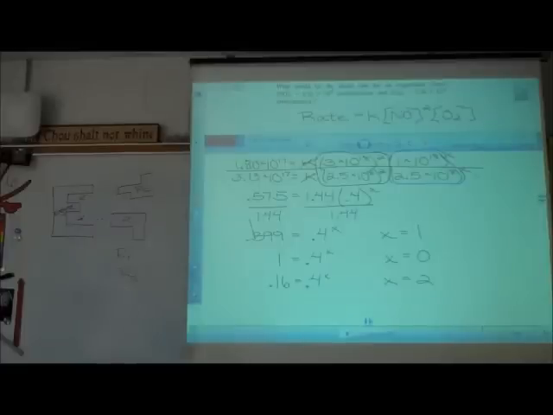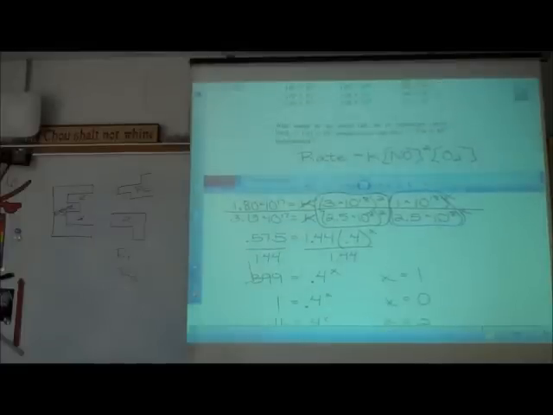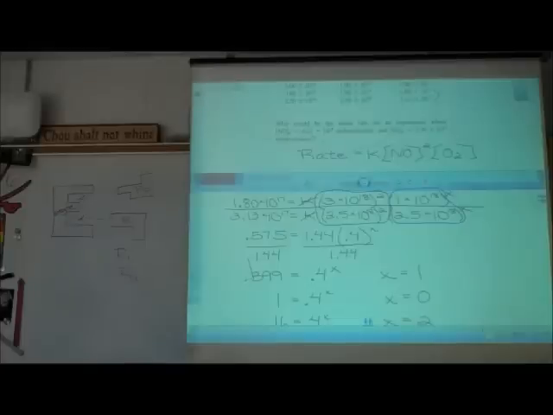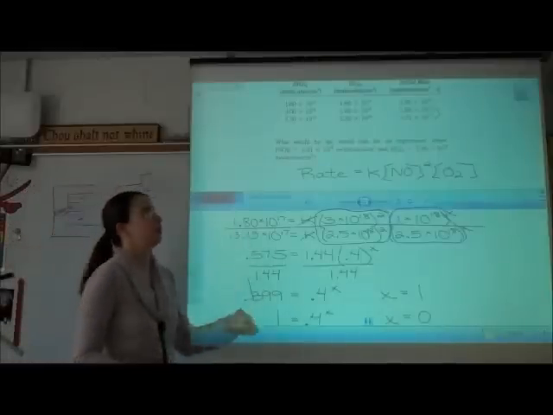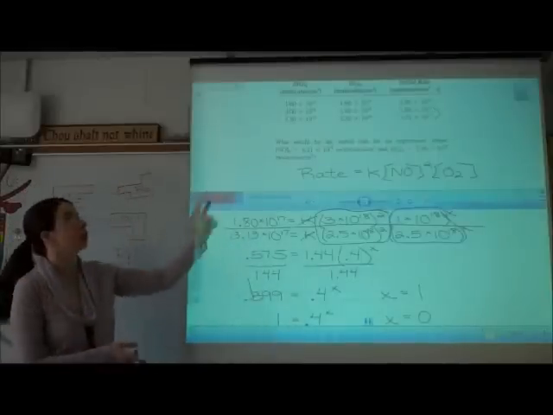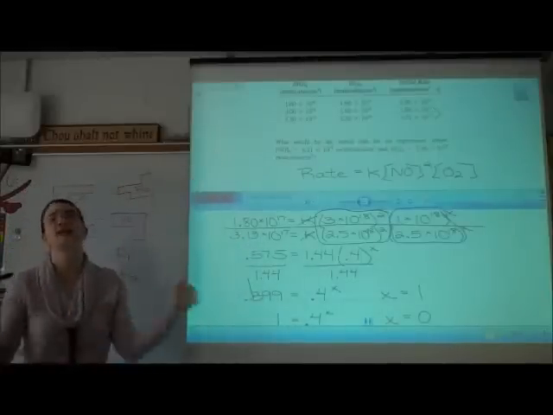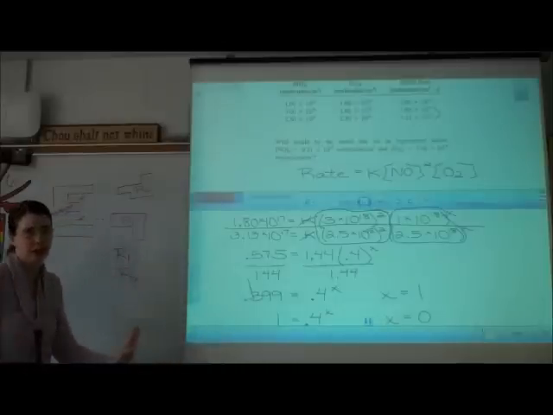Now, that's not the end of the problem. You still have to solve this, but that's the hard part. That's the part I wanted to go over with you. I want to make sure you understand why this was necessary. If any of you have been using the solution guide at all, they use this method for every single kind of problem like that. I find that to be totally unnecessary.